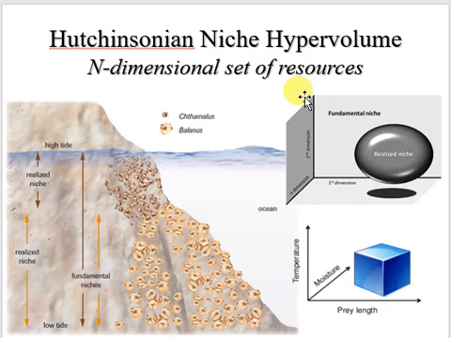The entire theoretical region that a species could occupy under ideal conditions without any sort of restrictions or limitations, that's the fundamental niche, right? Again, that's the theoretical region that could be occupied. That's essentially this entire hypervolume. Now, what's actually truly occupied by a species is the realized niche.